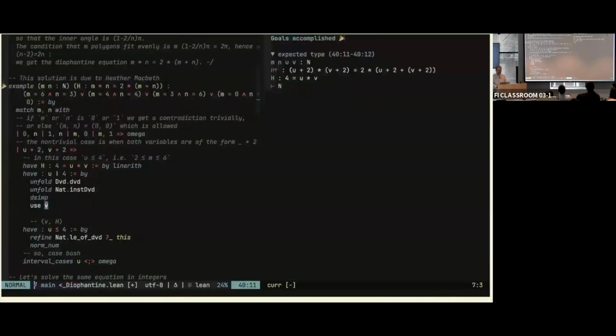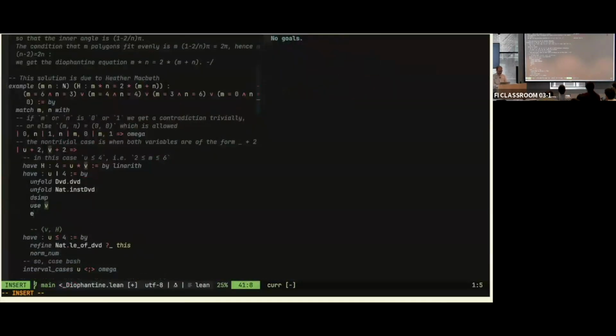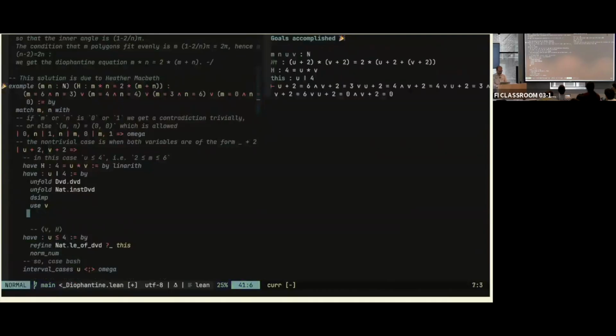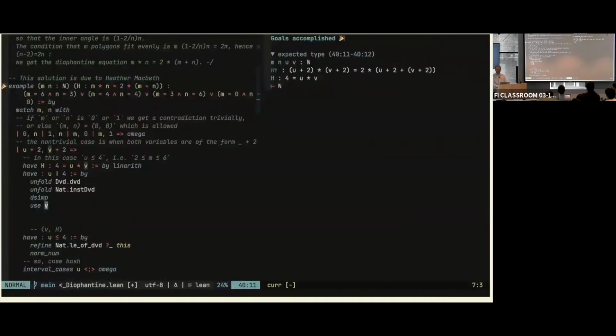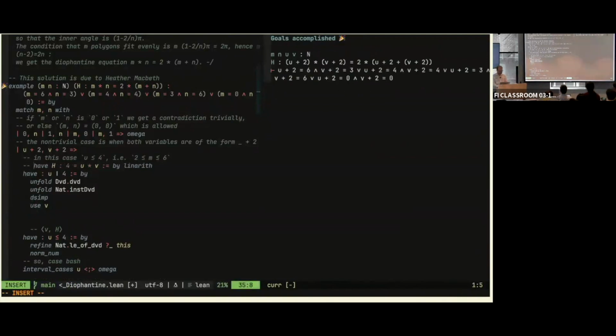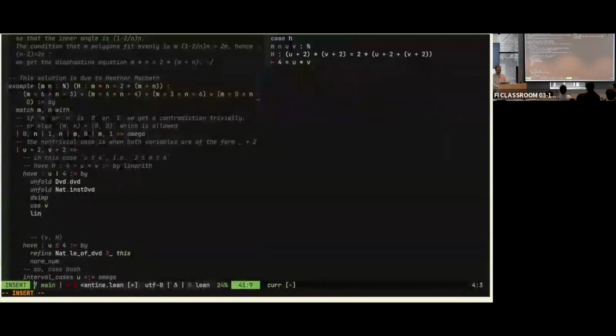So okay, use v, and then the machine says it's finished because it had to prove that 4 equals u times v, and it's already there in the hypotheses over there. Okay, and now I could type linarith.